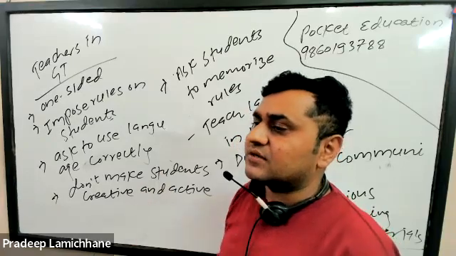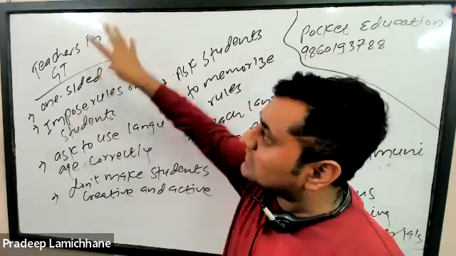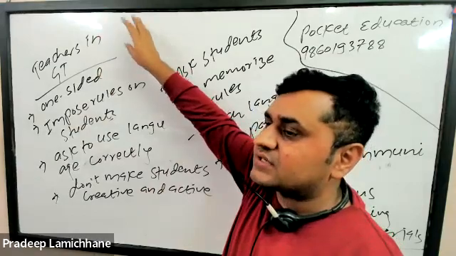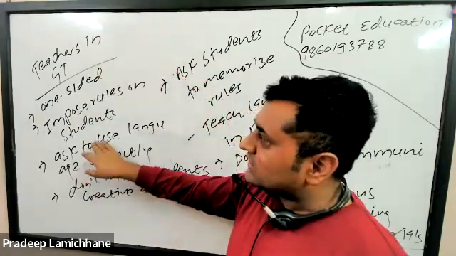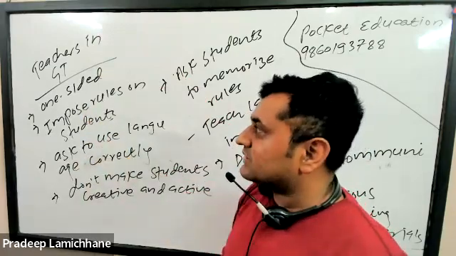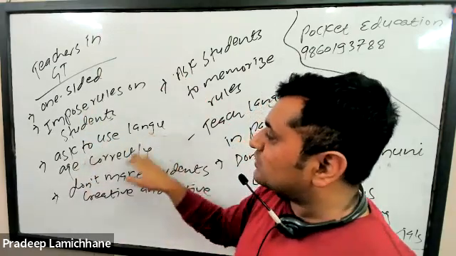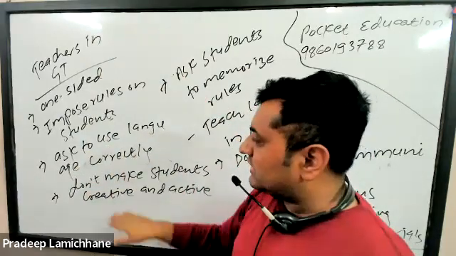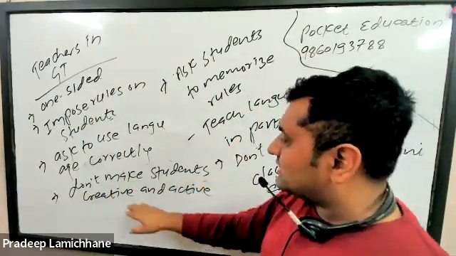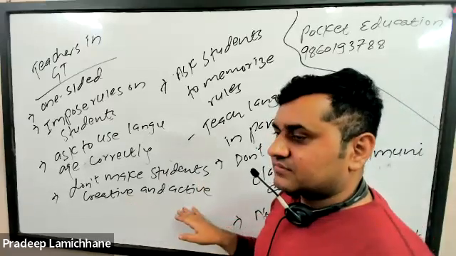But this is a kind of wrong assumption that is often held, believed, argued, accepted, and claimed by grammar translation method. That's why teachers in GT ask you to use language correctly, and they don't make students creative and active.